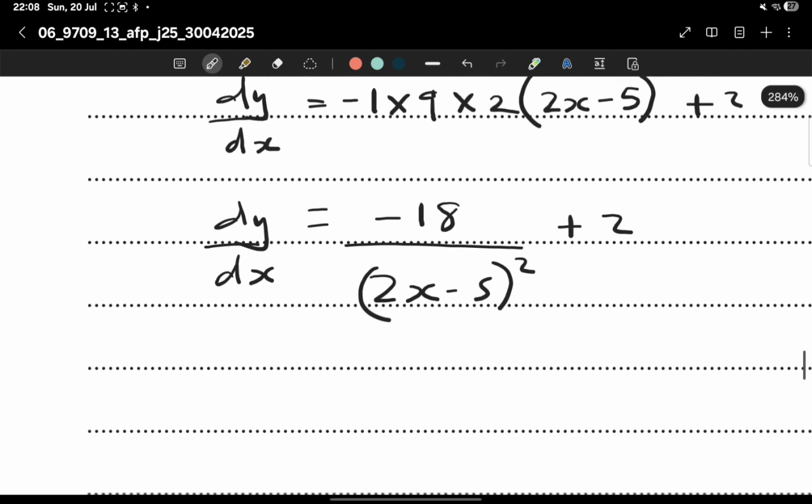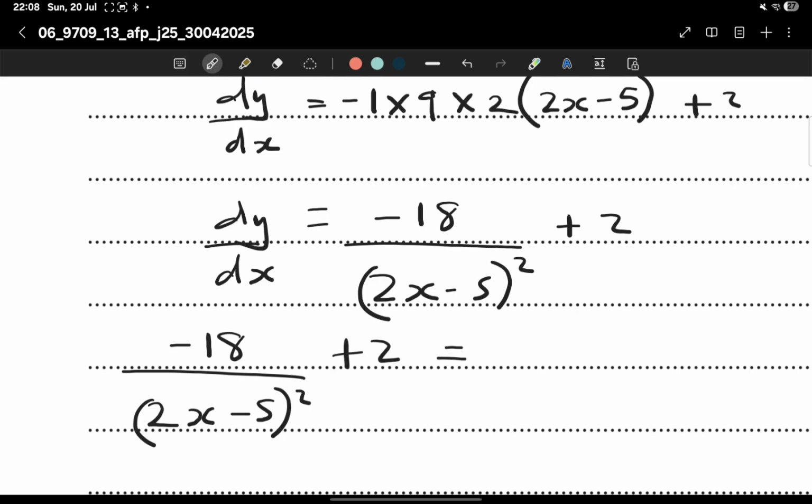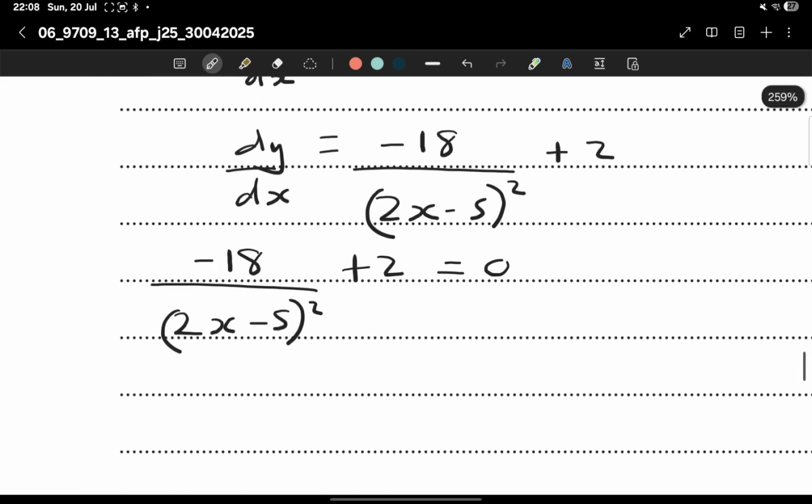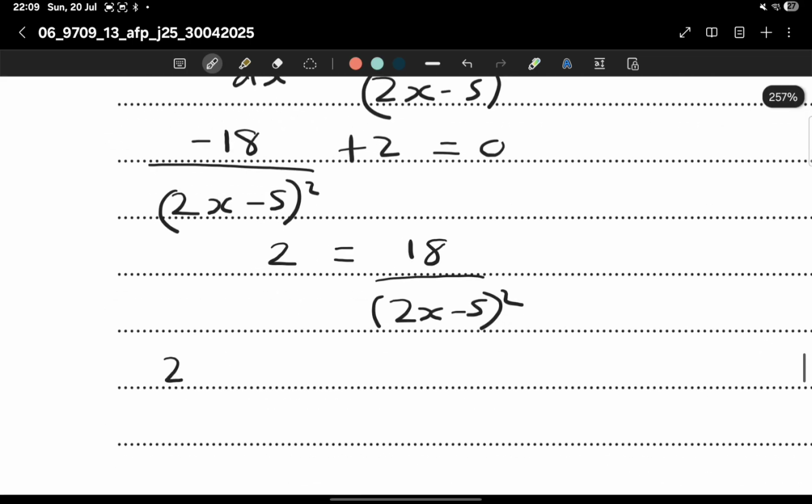And we know at the two stationary points, this is equal to 0. So we can say minus 18 over (2x minus 5) squared plus 2 equals 0. That will be 2 equals 18 over (2x minus 5) squared. And cross multiplying this, we get (2x minus 5) squared equals 18.